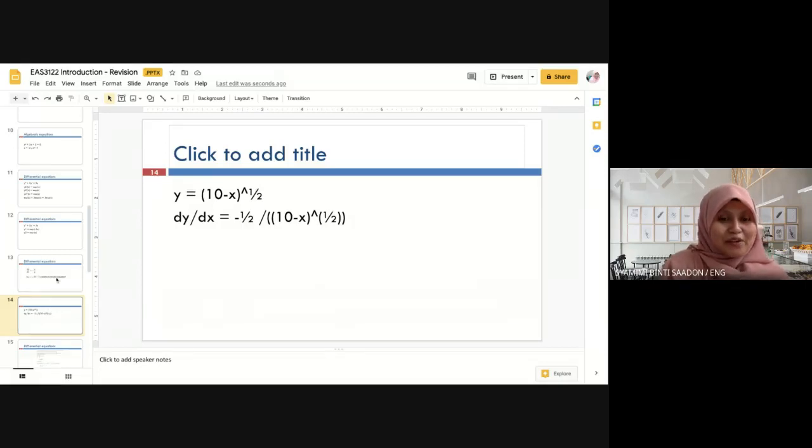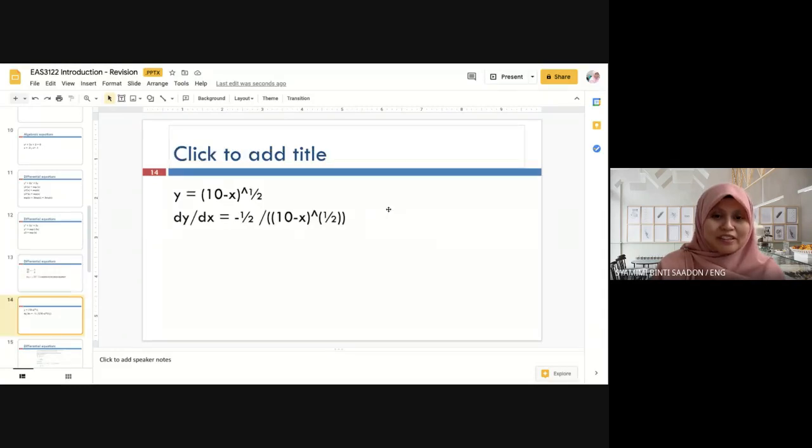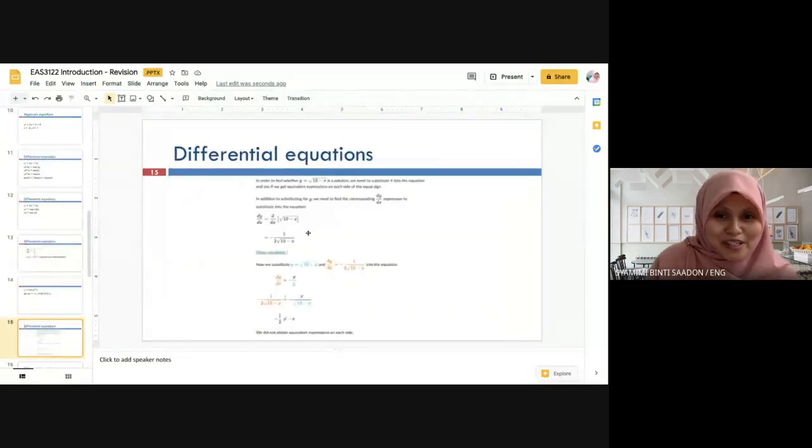So if you replace the derivative, the y prime here, equals minus x over y, we will not have the right and left side of the equation the same.